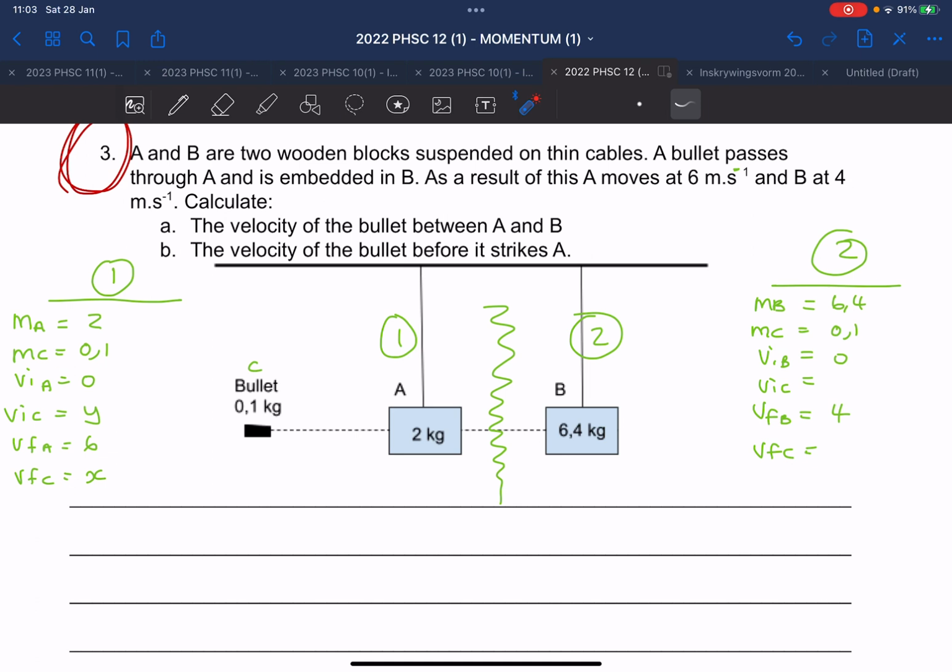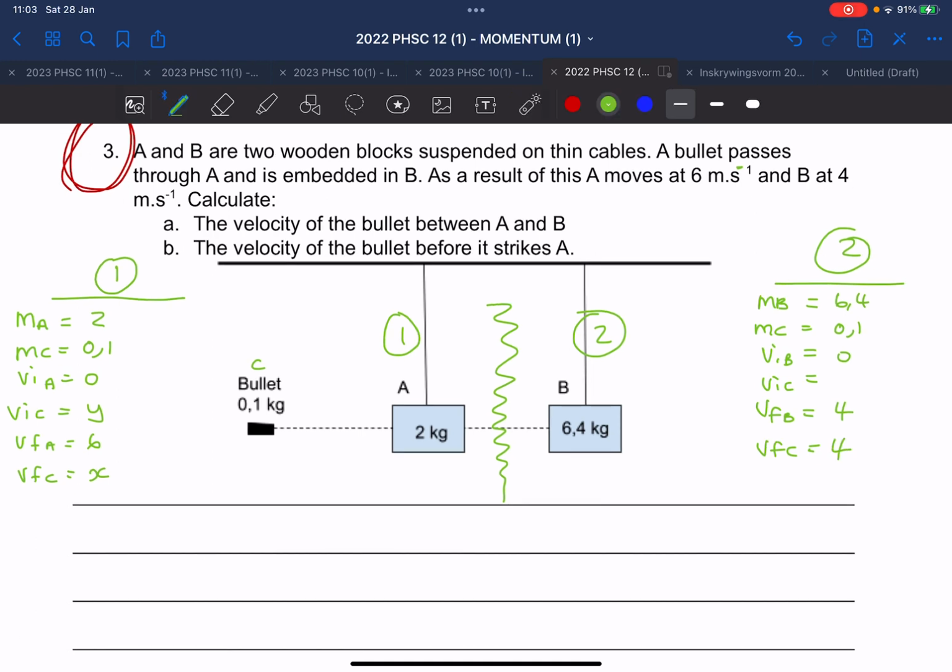Bullet inside the block. It's 4 meters per second. Right, now just quickly look here. If the bullet passes through here, and let's say the velocity of the bullet here is 100, what will be the final velocity of C after it has passed through A?